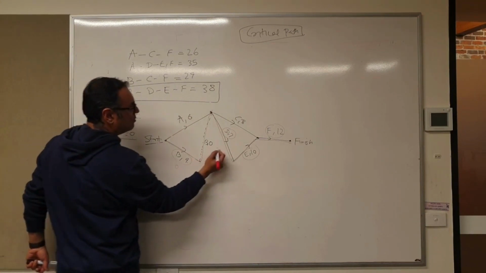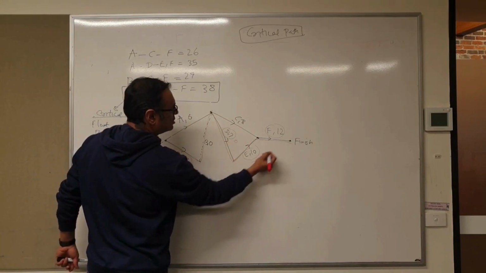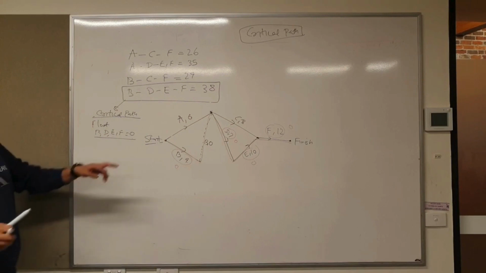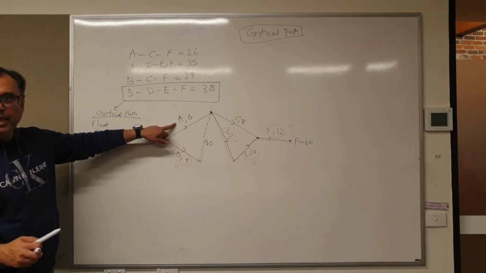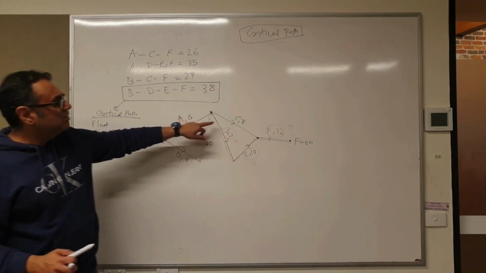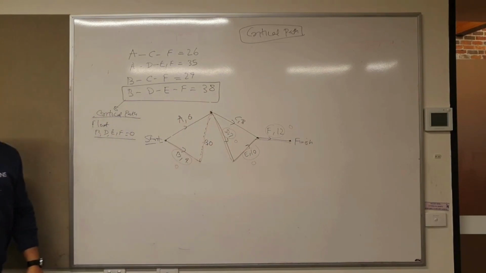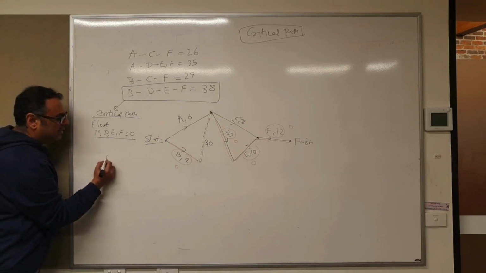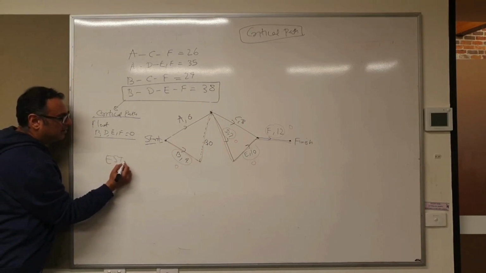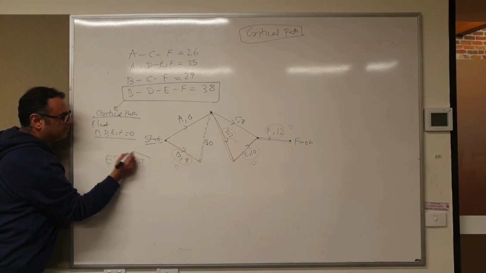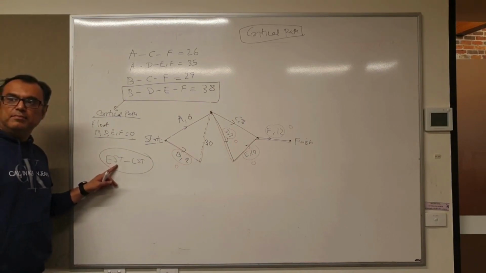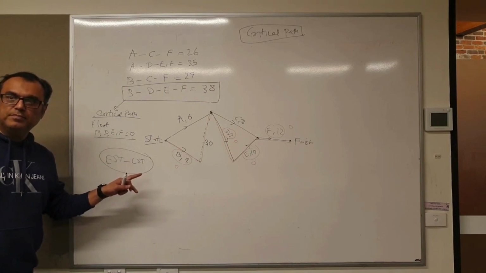Float is 0, float is 0, float is 0, float is 0. Now the question arises, how much is the float on A and how much is the float on C? How do we calculate that? We calculate that using a technique called EST, LST. Earliest start time and latest start time.